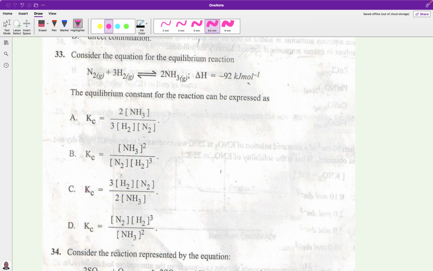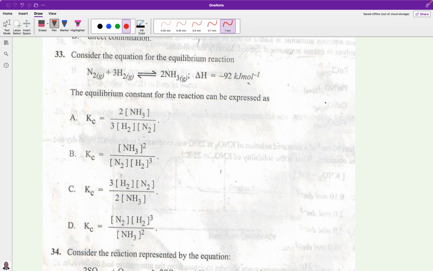The way you can express the equilibrium constant for the reaction, Kc. If you were to look for Kc, the Kc is what?